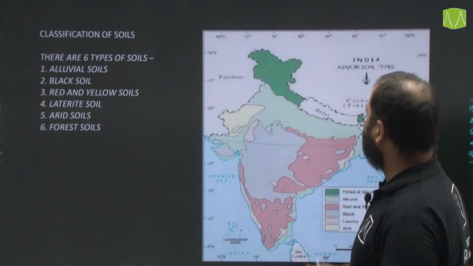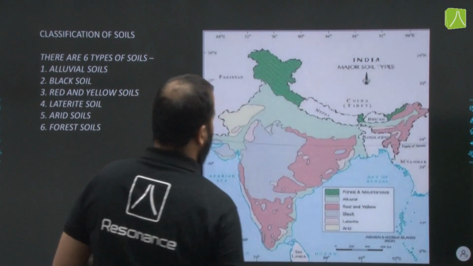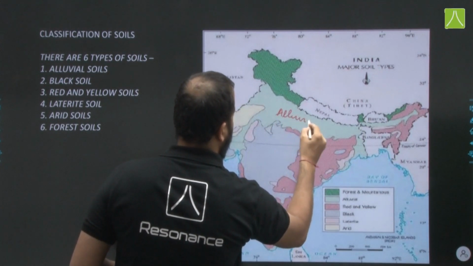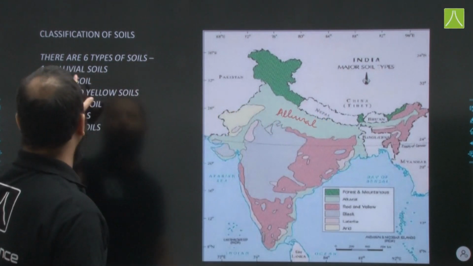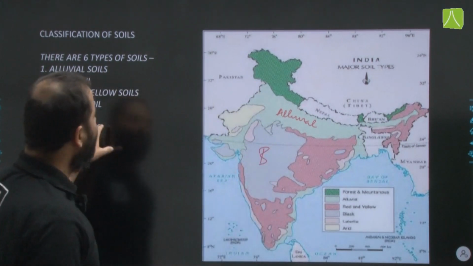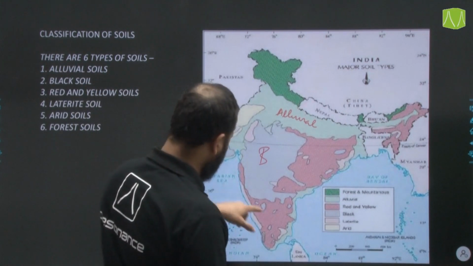Now, again classification of soil, as you can see, alluvial soil is this portion. Then we have black soil, this region. Then we have red and yellow soils, this region.